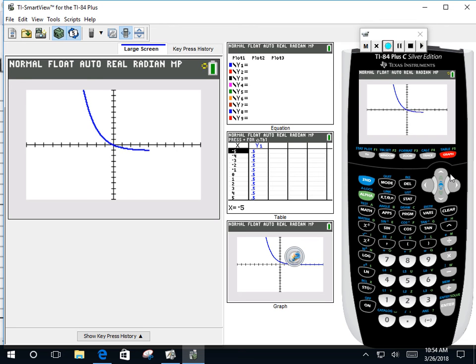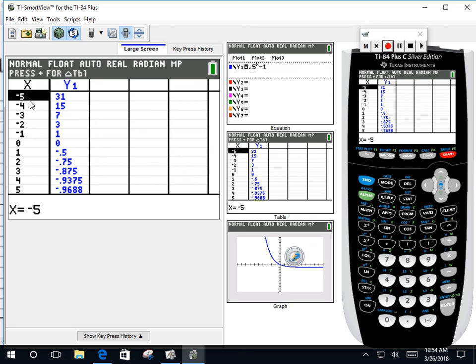And make sure you're arrowing over before typing in the minus 1, because the minus 1 is a big minus 1, not an exponent. Okay, we can see, like we had already talked about, that the asymptote is now below the x-axis at negative 1. The y-intercept is at 0, 0. And then to find the rest of the points, we need to go to the table.